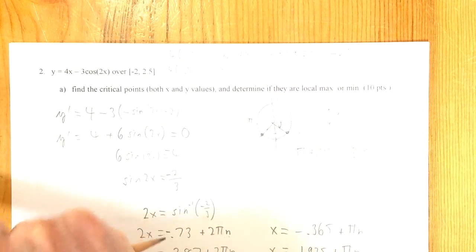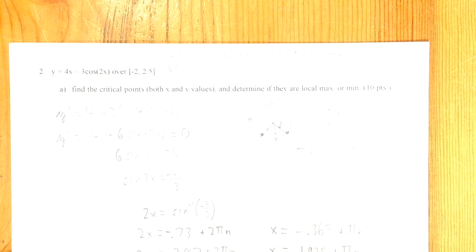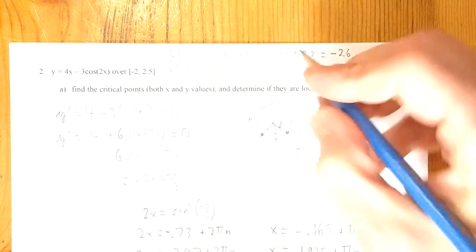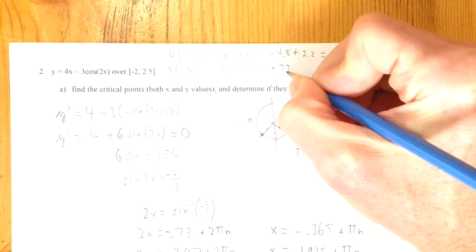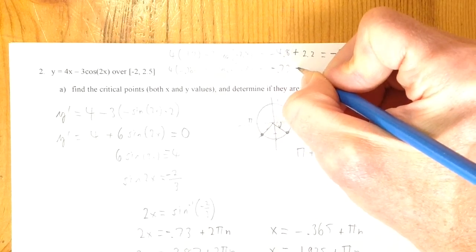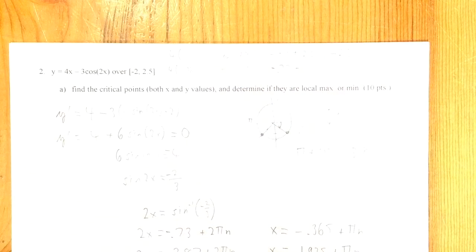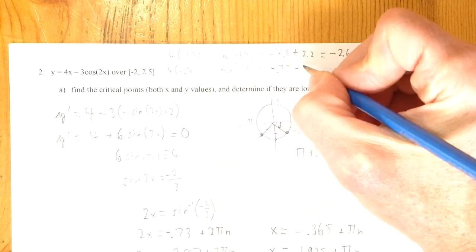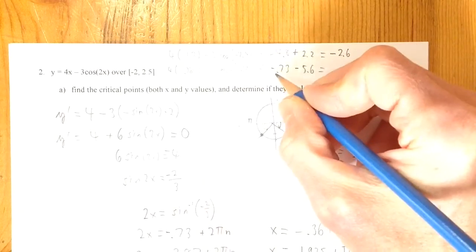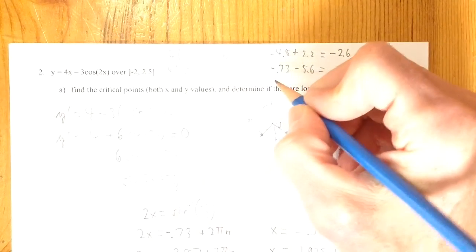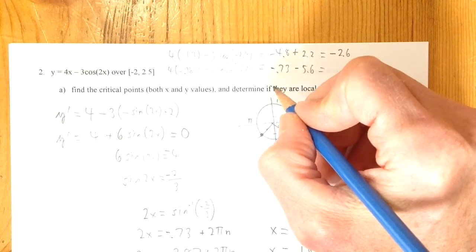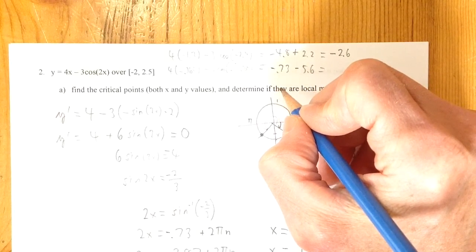Cosine of negative 0.73 times 3 gives about 5.6.